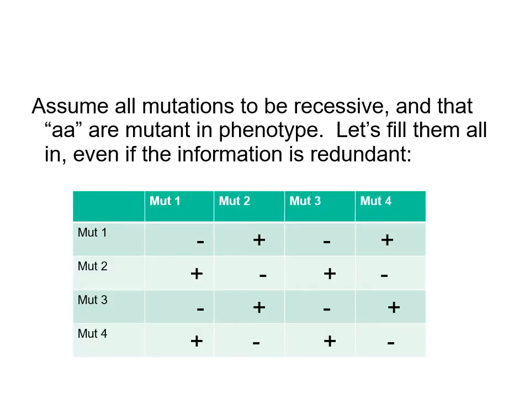All right, so here it is all filled in. Again, we're assuming all the mutants to be recessive, and that everybody is crossed in pairwise combinations, but now we've filled in everywhere. So the original showing of this has, say, mutant 1 times mutant 3 in the top line, but that information is also present as a column if you look at the mutant 1 column, read down to mutant 3.